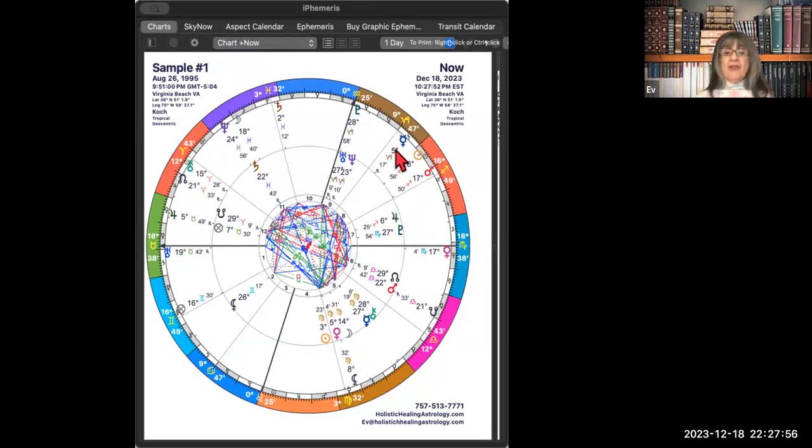So now you could see where Pluto is, where Saturn is, where the moon is, where Neptune is, where Chiron is, where North Node is. And remember, you have to look at the degrees and what house they're in.